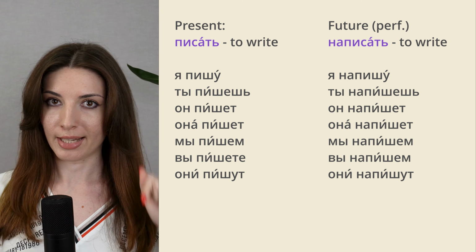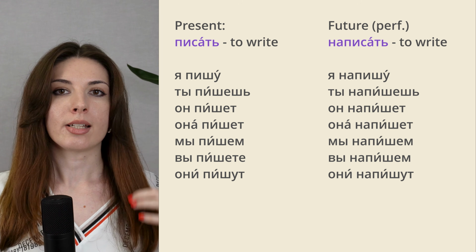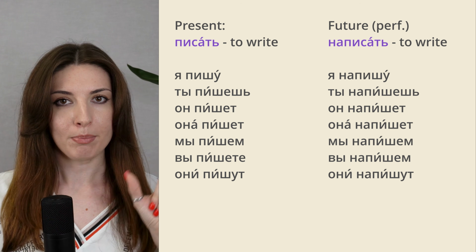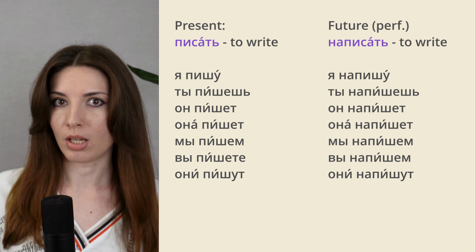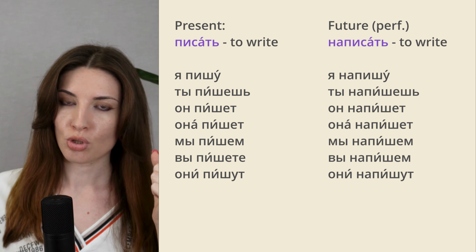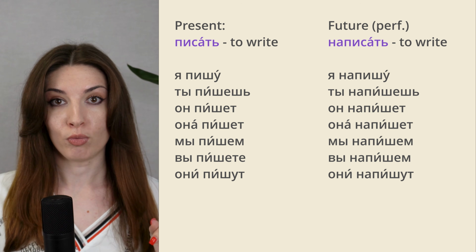You see, different letter there in the middle. When we make it future and put it in the perfective aspect, написать. So, as you can imagine, future will look like я напишу, ты напишешь, он напишет. Exactly the same form.